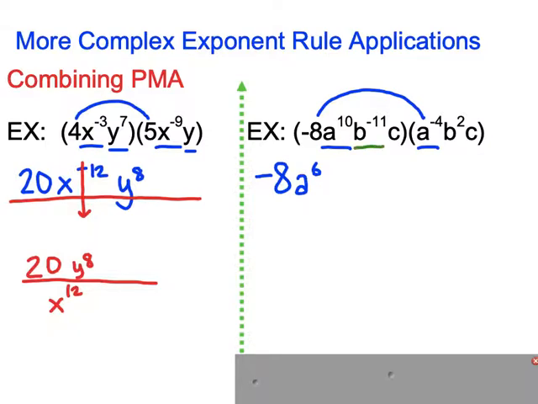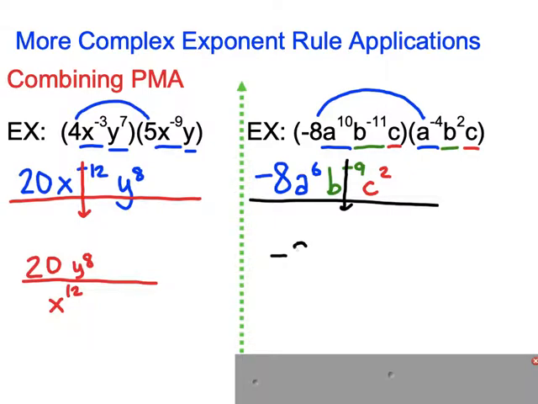B's: b to the negative 11th and b to the 2nd, when added, gives me b to the negative 9th. And C's: 1c and 1c makes c squared. Now, negative 8 is negative, but it's not a negative exponent, so it's not going to move. The only thing that's going to move in this case is the b's because they're unhappy on top.